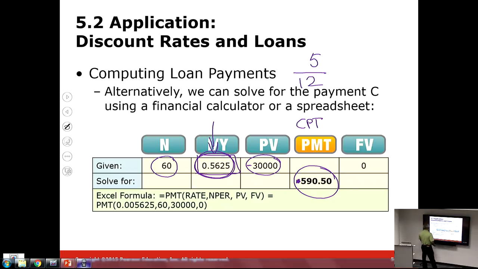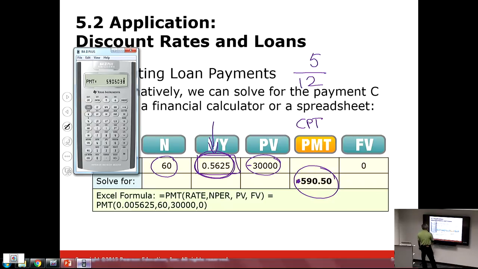All you have to do is redo the monthly payment. Come over here, and it is 5 divided by 12, which is 0.416, and enter that as IY and compute your payment again. Your payment goes down to $566. So it pays to comparison shop.